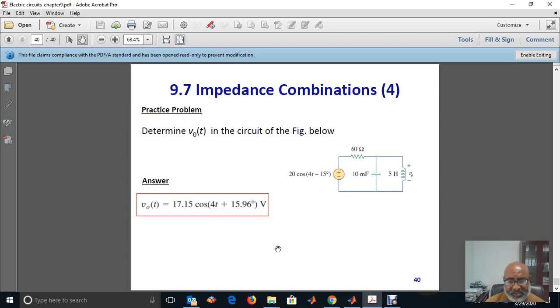You can use voltage division, KCL, or KVL, but you need to change the capacitor and the inductor to phasor form, and apply any of the laws that you studied to find the output voltage as a function of time. First, you solve it using the frequency domain or phasor representation, and then you change it to the time domain.